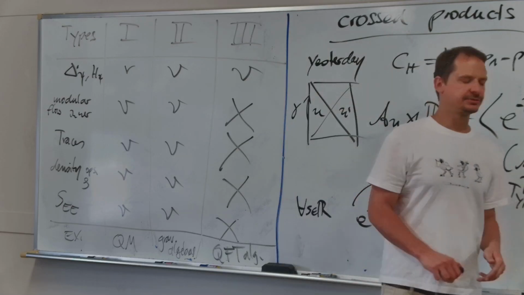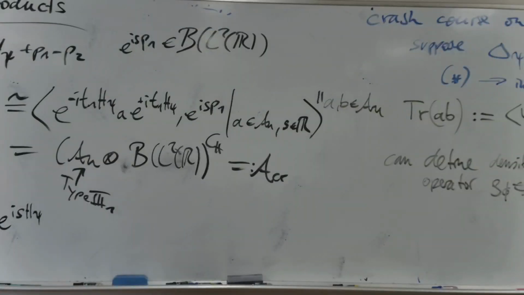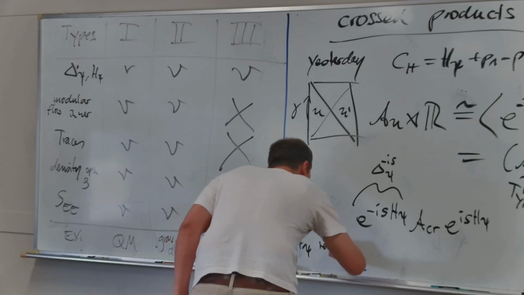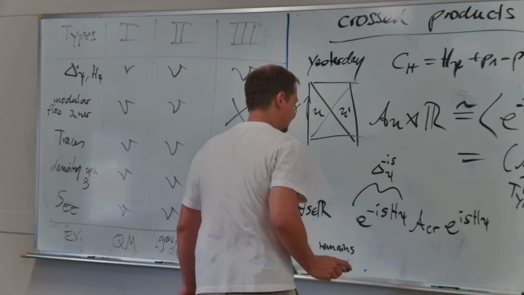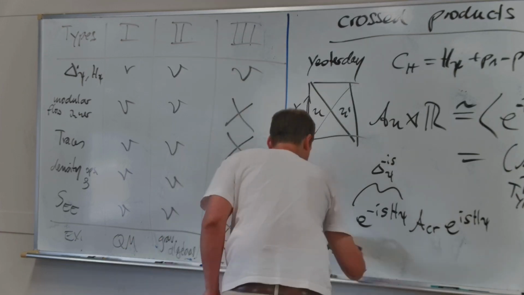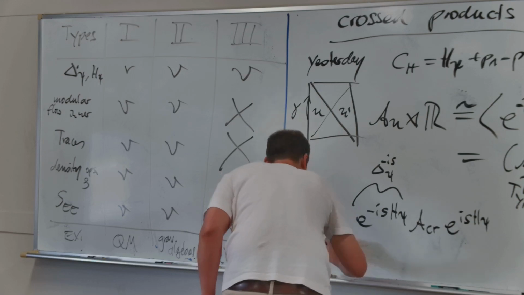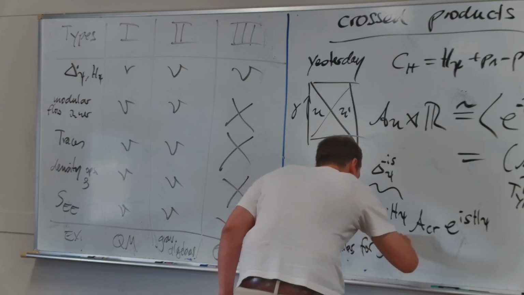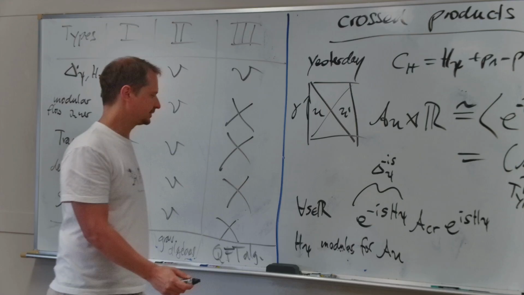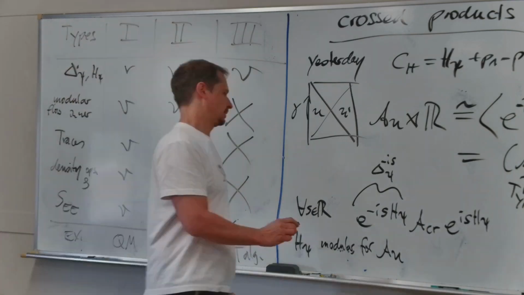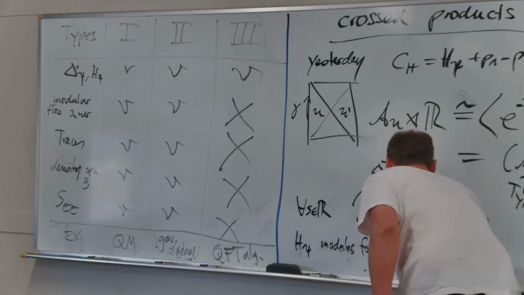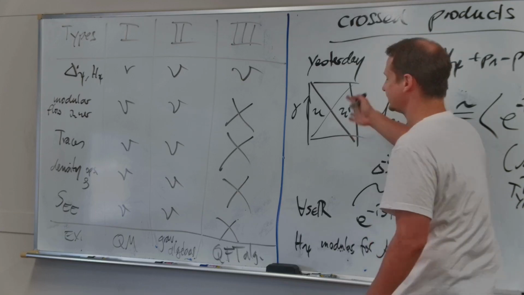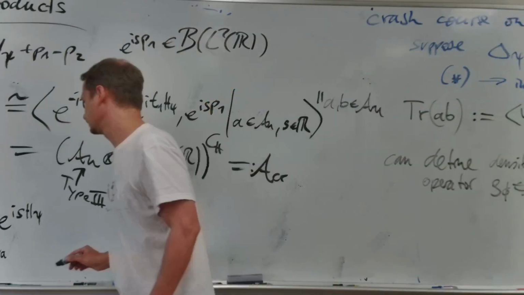So H psi remains modular for A_U, and in particular psi, the vacuum. In de Sitter it would be the Bunch-Davies vacuum.